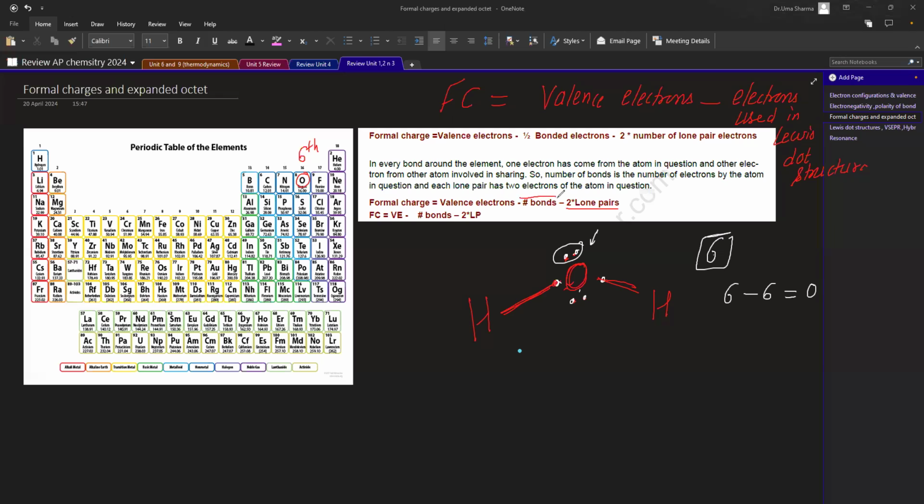So this is the equation which generally I'm using: formal charge is valence electrons, just count the number of bonds because every bond is 1 electron, and then 2 times lone pair. You can use this equation, which I have explained in detail earlier also. Ready now?